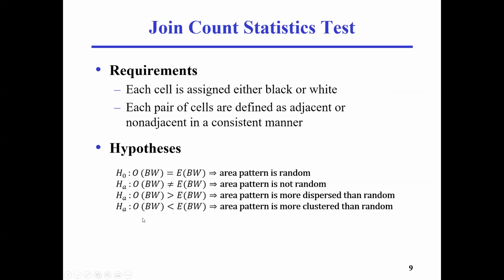On the other hand, if the observed BW joins number is smaller than the expected value, then we say the area pattern is more clustered than random, which means there are fewer BW joins than expected, and a lot of BB joins and WW joins. It means that similar cells are clustering. The spatial pattern here is more clustered than random.